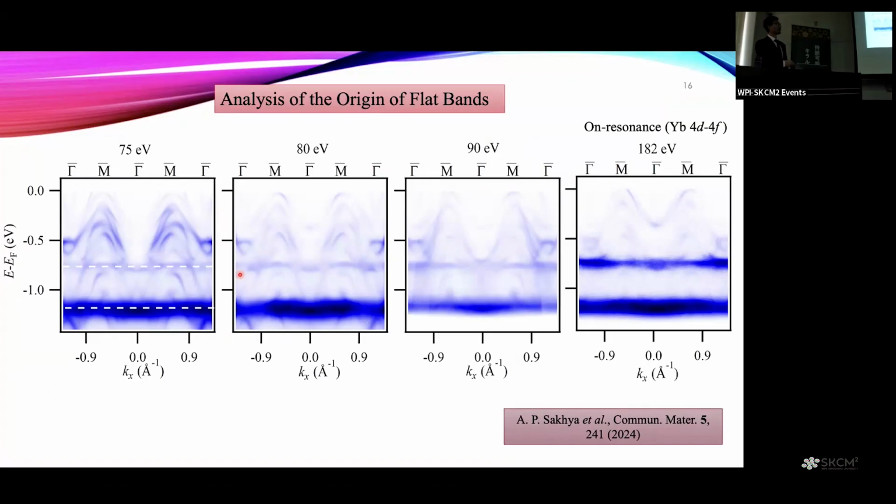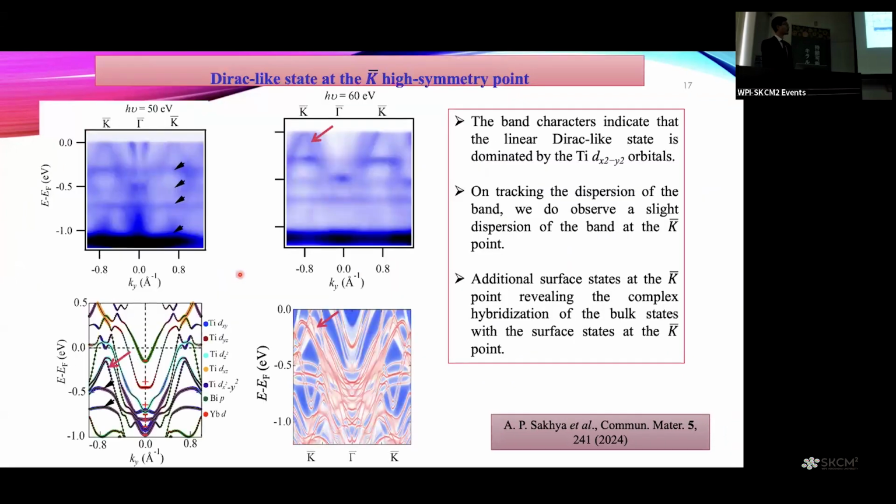So there are two photoemission processes going on here, the normal one as well as the ytterbium-4d to 4f transition and then photoemission. So in this case, you have this 4f emission very strong. From here, we can say that these are ytterbium-4f flat bands, whereas the ones near the Fermi level were from the titanium d states.